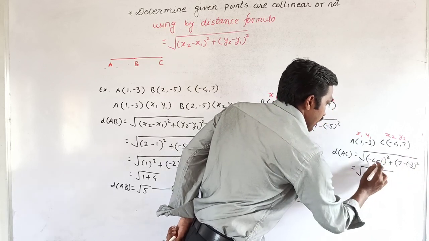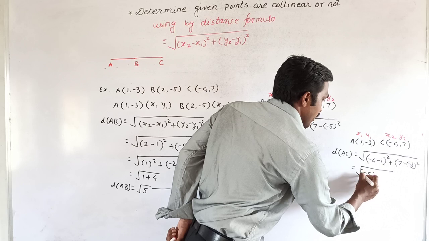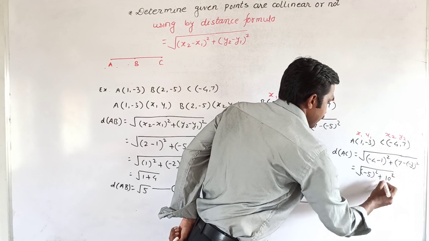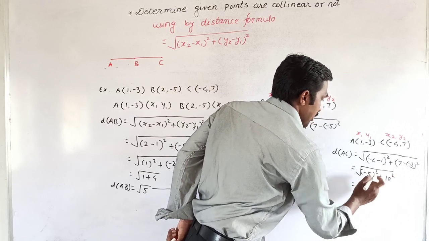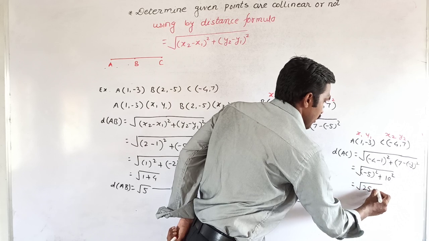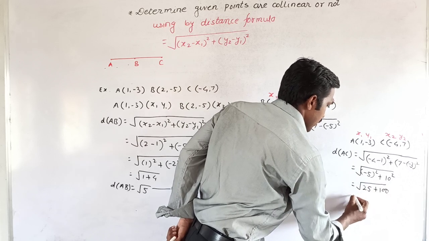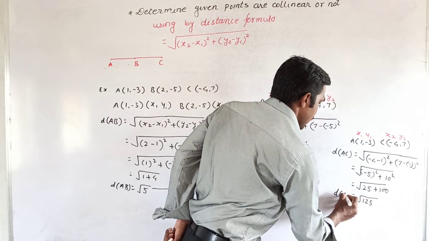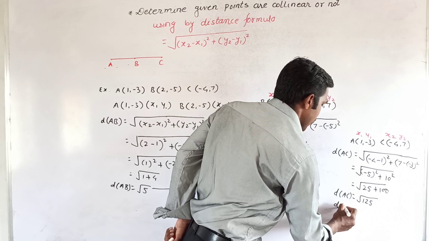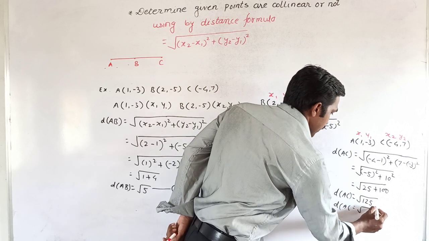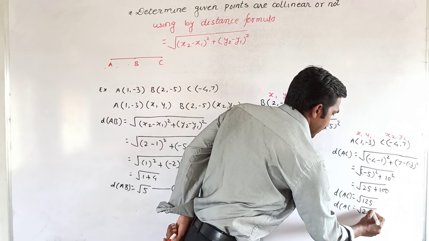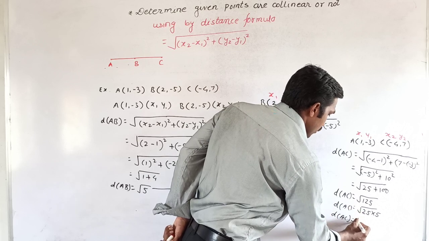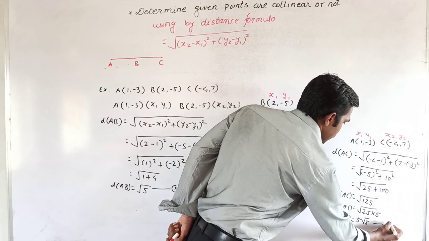Put here 3 square plus 4 square... Now calculate, 25 is the distance between AC. Now you can write in this way, 125 means 25 multiplied by 5. So distance AC is equal to 5 root 5. Equation number third.